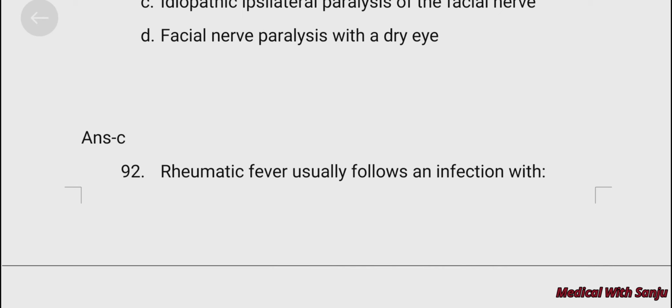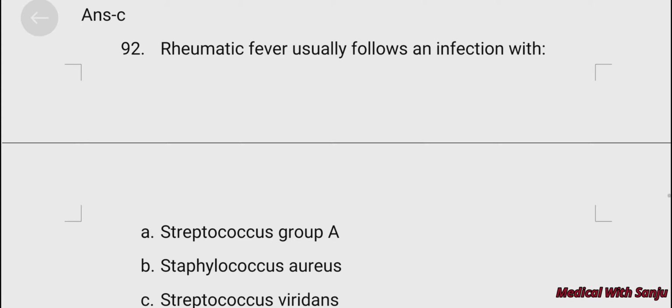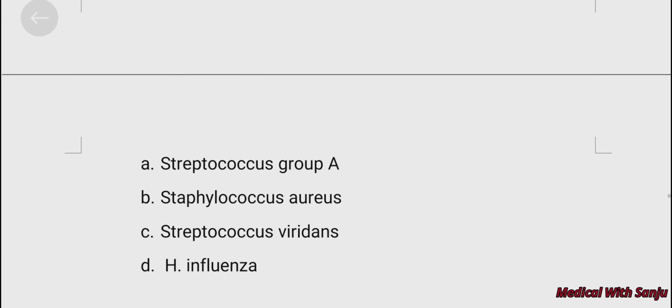Question number 92. Rheumatic fever usually follows an infection with option A Streptococcus group A, option B Staphylococcus aureus, option C Streptococcus viridans and option D influenza. Rheumatic fever is caused by group A beta hemolytic streptococcus.